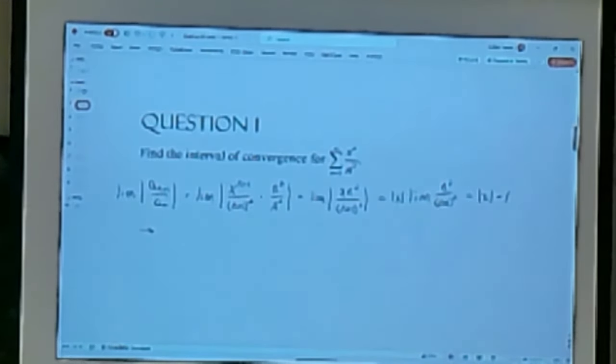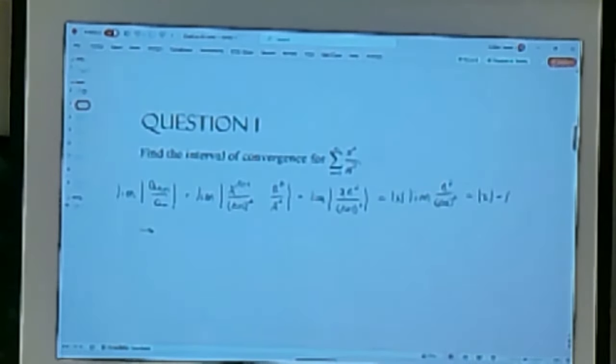Would it be that x is less than 1 and negative x is less than 1? Negative x is not greater than 1.